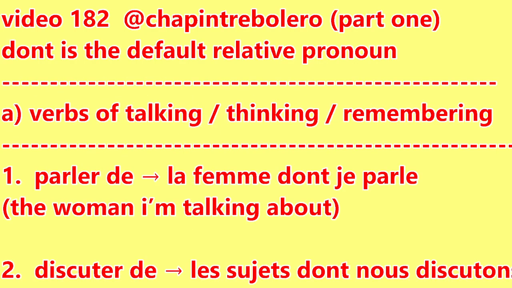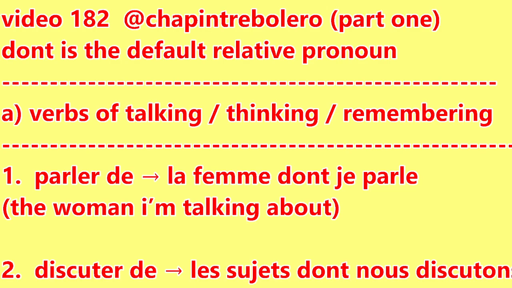All right, so let's take a look at some examples here. A, it says verbs of talking, thinking, remembering that take the preposition de. Number 1, parler de, it's about talking.